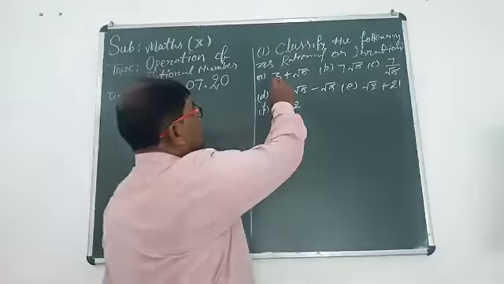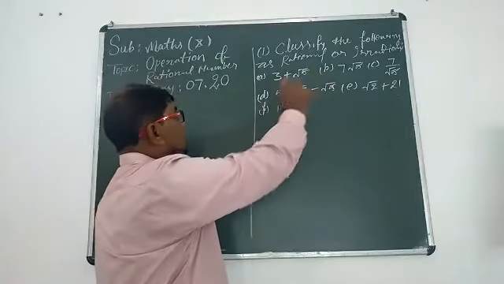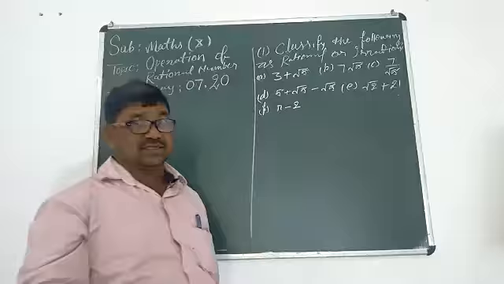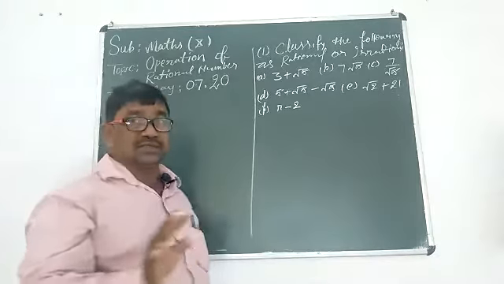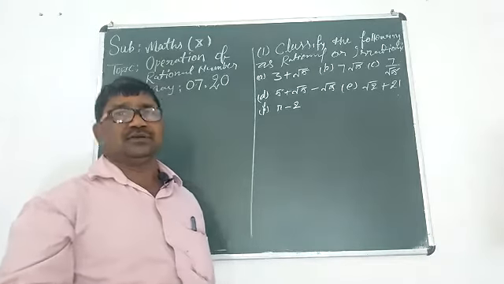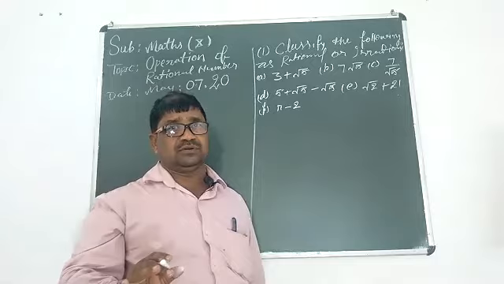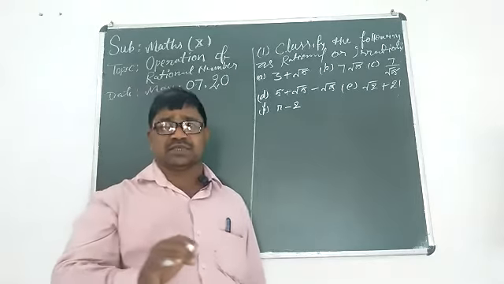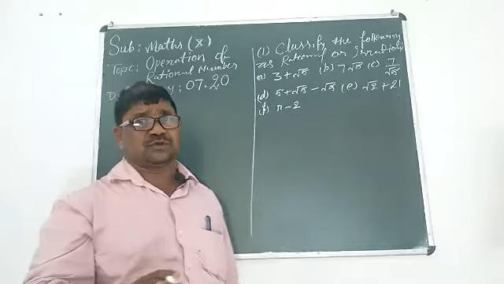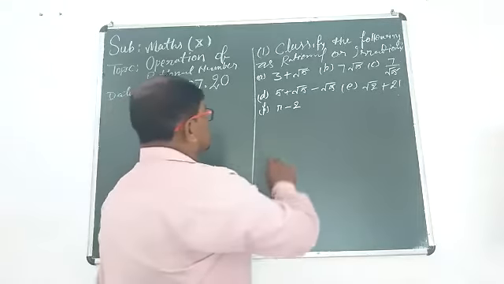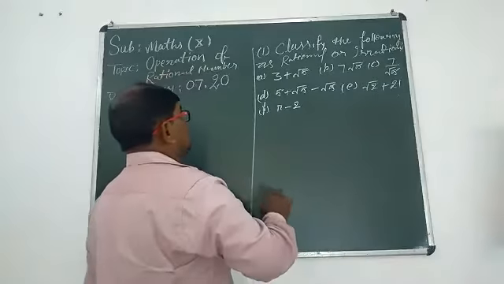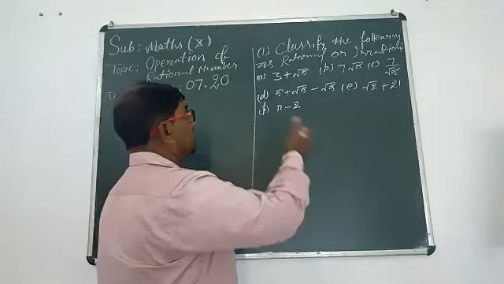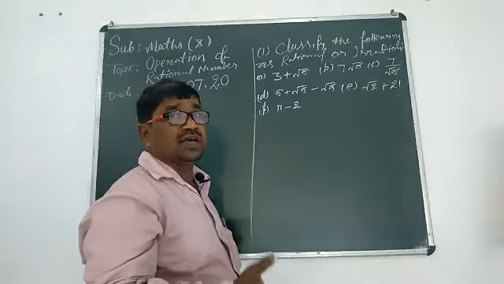Classify the following as rational and irrational. We are in real numbers, operations of real numbers. Operation means adding, subtraction, multiplying and division. According to our concept, we should think how we can classify these sums.